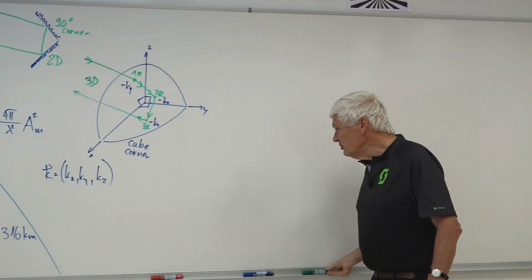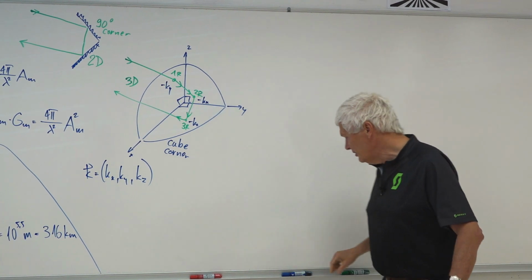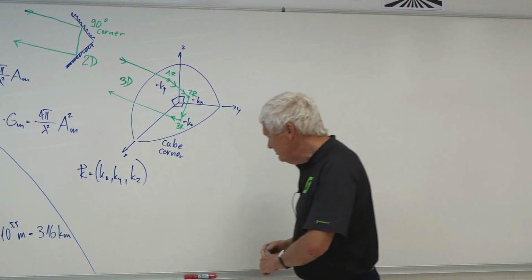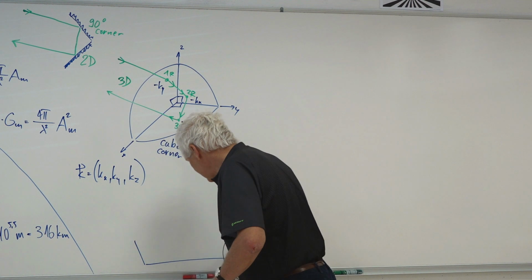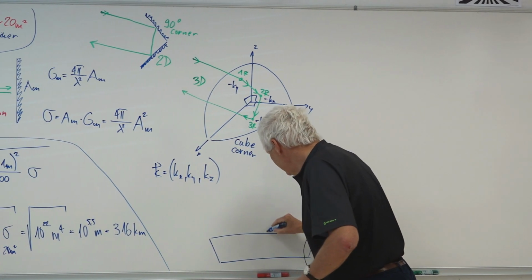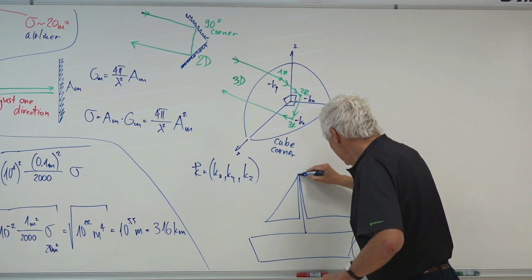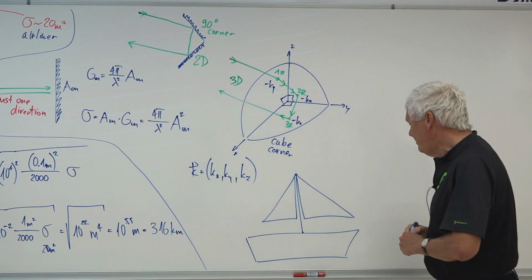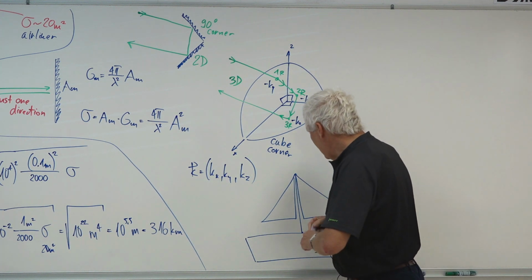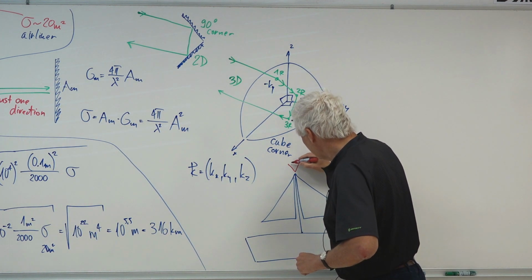They are also used in radio. They are used on boats. If you look even at sailing boats, so if I draw a sailing boat here, you will see that at the top of the mast you have such a cube corner.